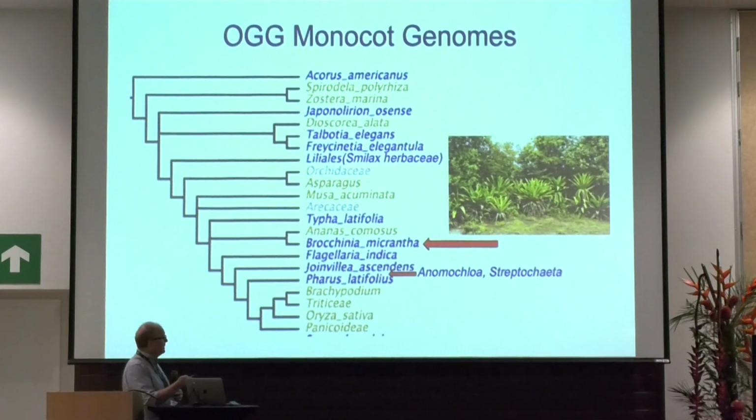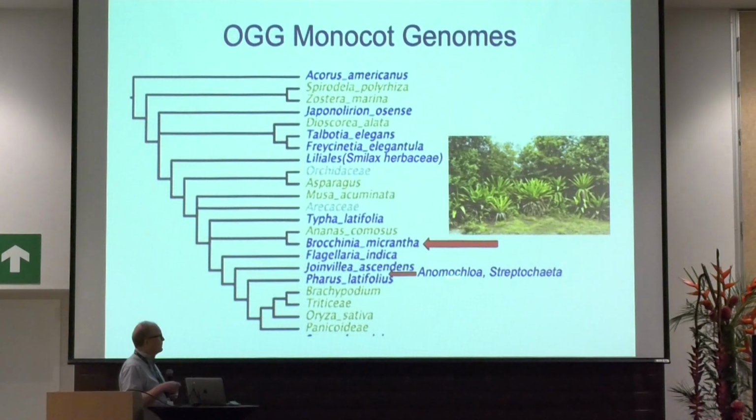So this is, again, zeroing in on monocots. I'm going to talk a little bit about the Brocchinia micrantha genome that we've generated. You can see that we're filling in parts of the monocot phylogeny where there really was nothing previously, including quite a few non-graminid and graminid non-Poaceae Poales.